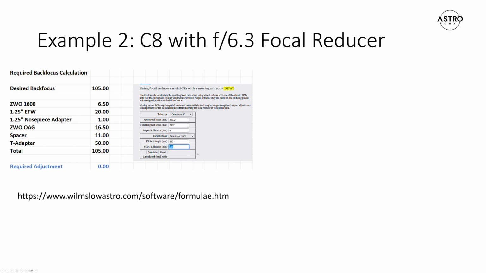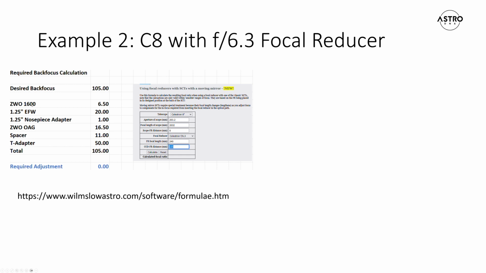There's a little formula that you can plug into, and it'll help you calculate the proper back focus distance for your setup. It's also fairly well published. The Celestron C8 with the Celestron 6.3 focal reducer has a back focus requirement of 105.